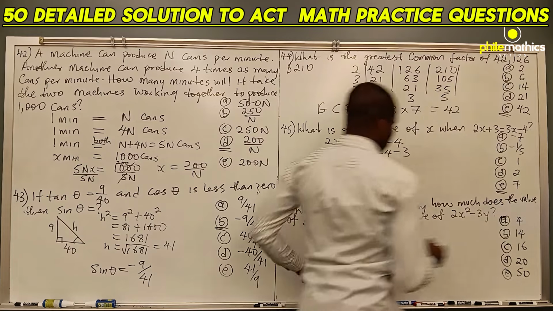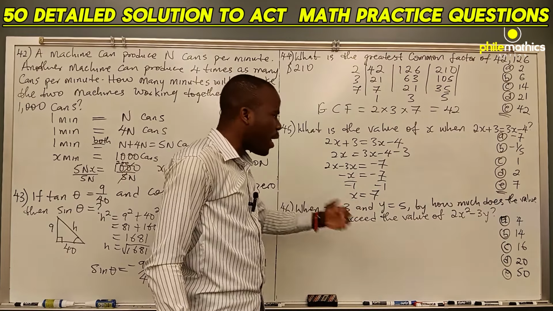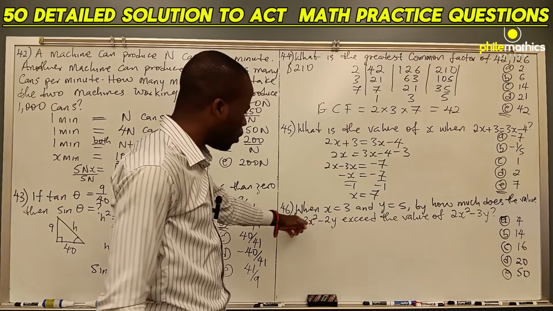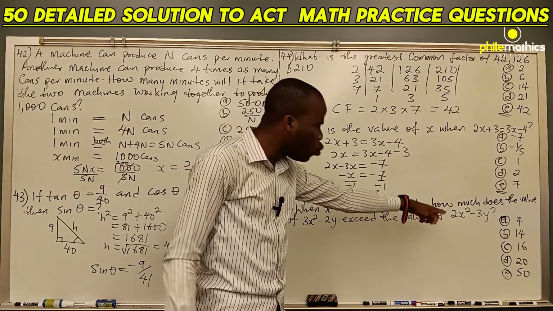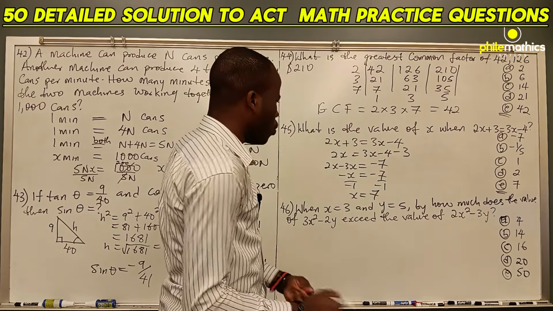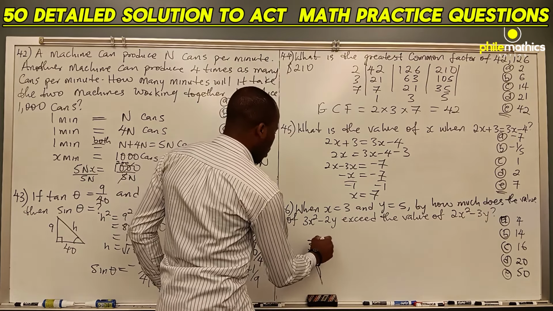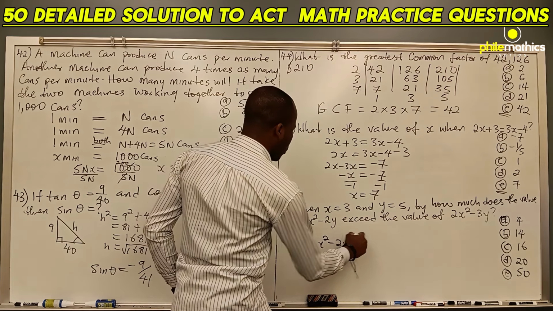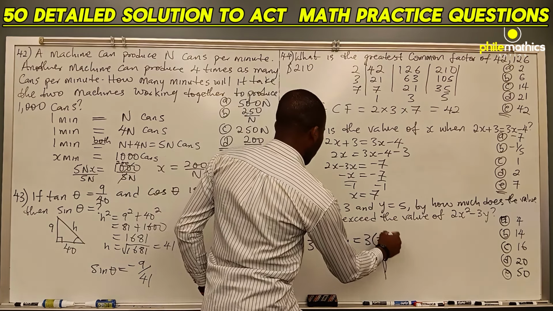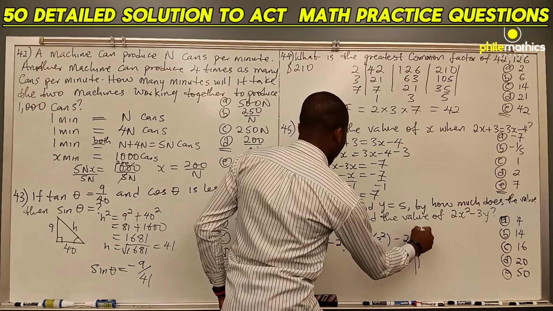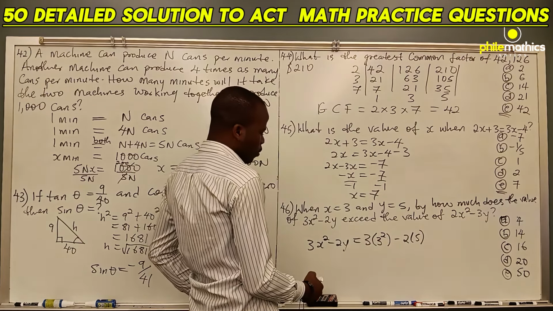So which is E. When x is 3 and y is 5, by how much does the value 3x squared minus 2y exceed the value of 2x squared minus 3y? So we substitute. 3x squared minus 2y equals 3 squared minus 2 times 5. 3 squared is 9. 9 times 3 is 27.